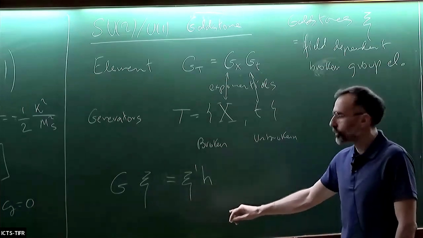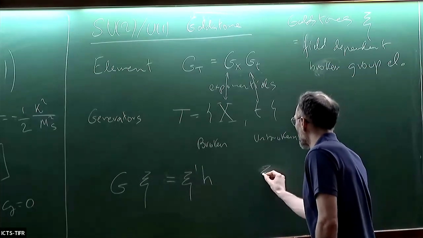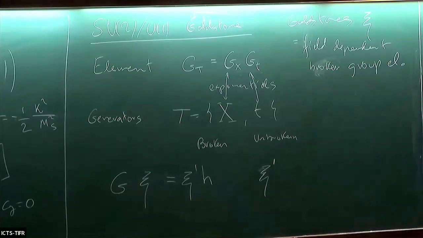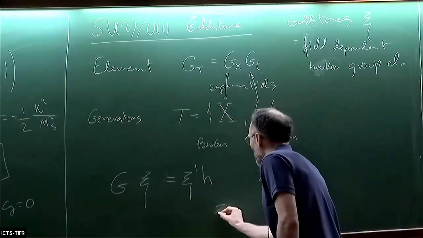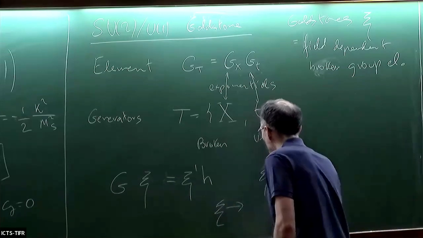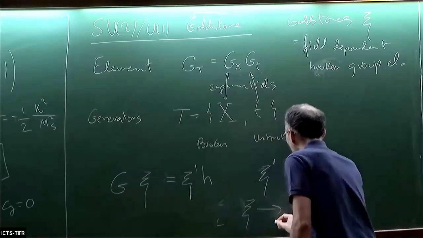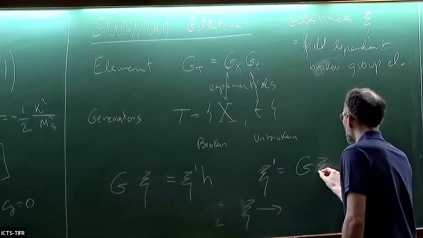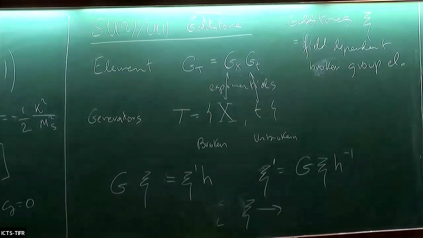Now this is a transformation rule, so I can just solve for ξ prime. So that will give me that ξ prime, that in the sketchy or lazy language that we use in physics, in a transformation we say that ξ prime is what ξ goes to under the action of the group. Sometimes it's better to call things differently, but anyway, that is G, the original ξ, and h minus 1. Yes, sir.